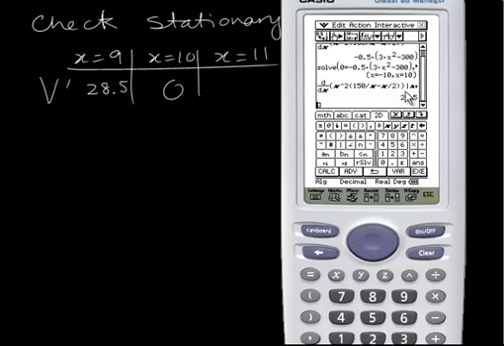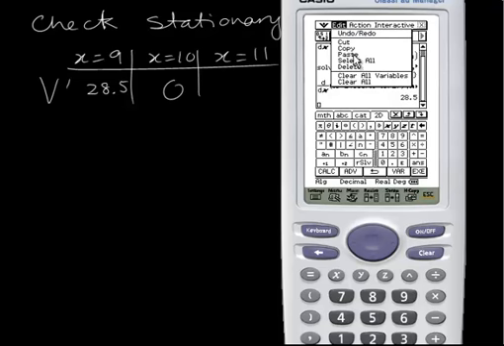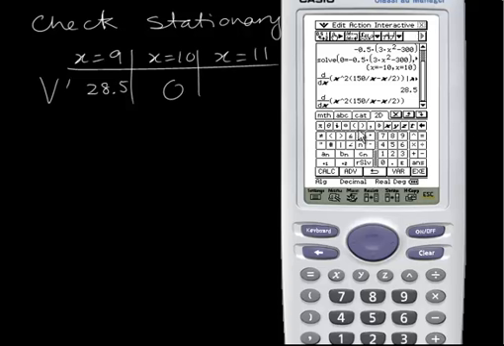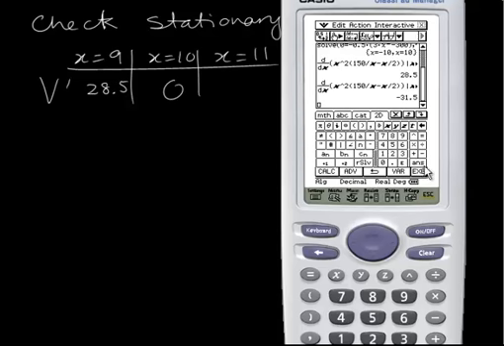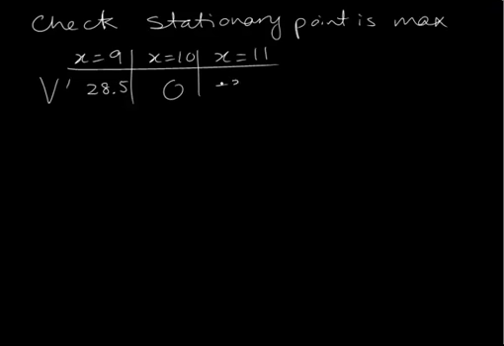And when x is 11, so paste again, and x equals 11. Negative 31.5. So negative 31.5. Remember, the value doesn't matter here. The fact is this is a positive gradient, 0 gradient, negative gradient, which would imply a maximum turning point. So we know that the point we found is indeed going to give us the maximum volume.